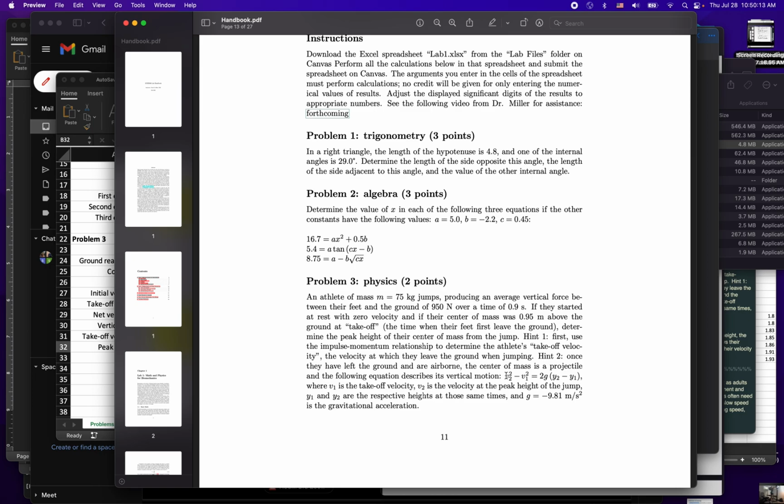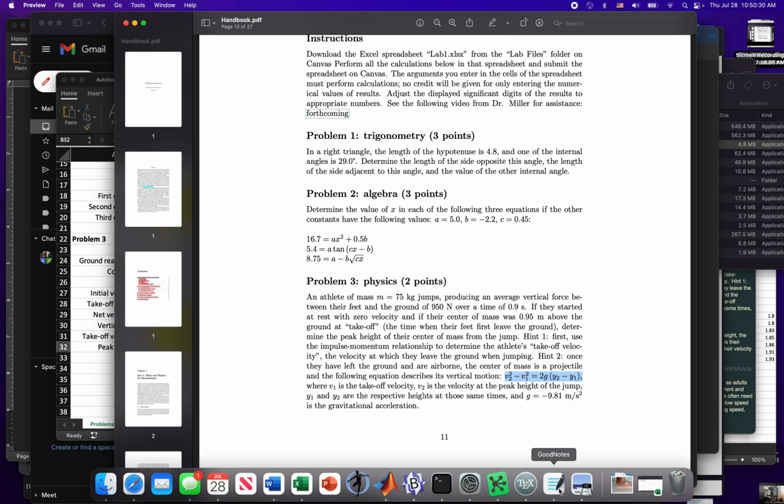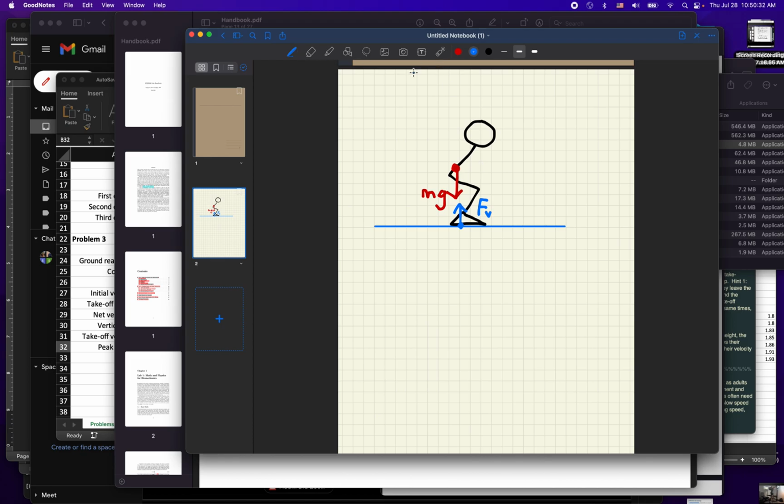So here I want to solve for the value of y2, which is my peak height that I reach after I've left the ground. So if you want to attach some physical meaning to the symbols in this projectile motion equation here, we can do that. And let's draw it out here.